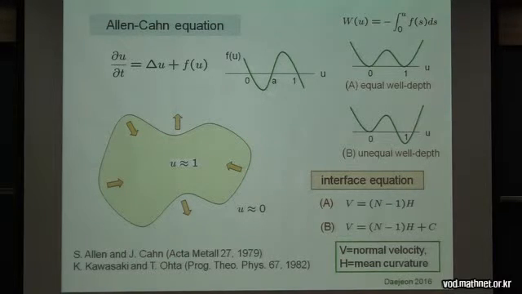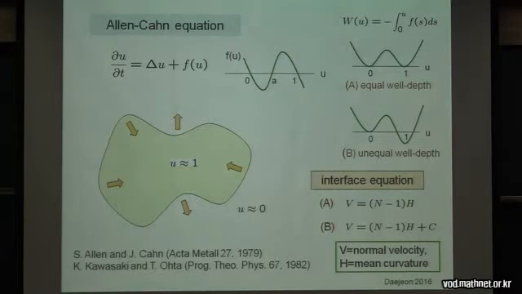Inside and outside, the molecules are aligned in an opposite way, and there is a boundary which moves because of the thermodynamic motion of the molecules. And then they derived a model which is this. And they showed that the motion is approximated by this motion by mean curvature.